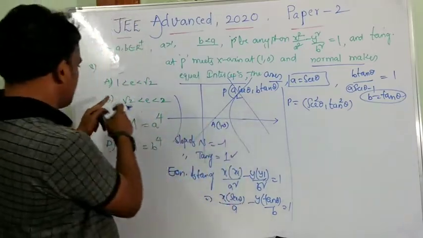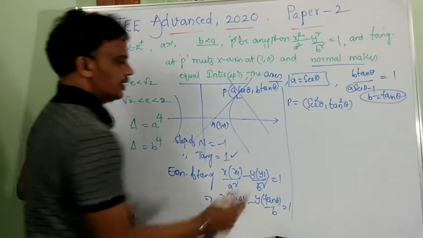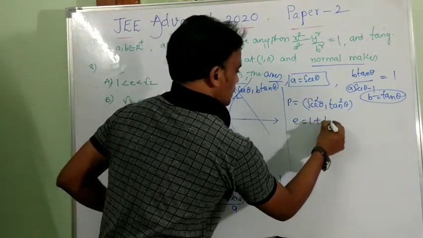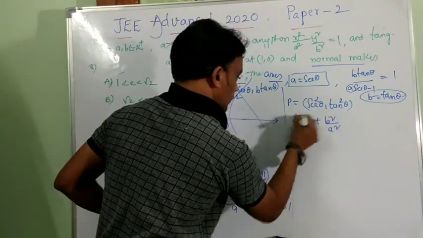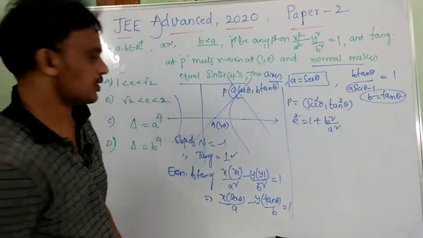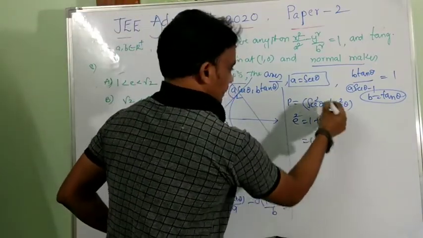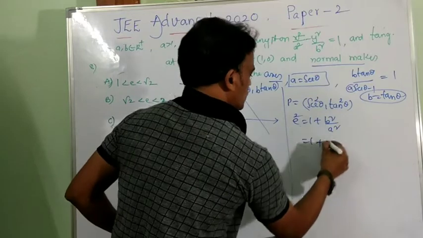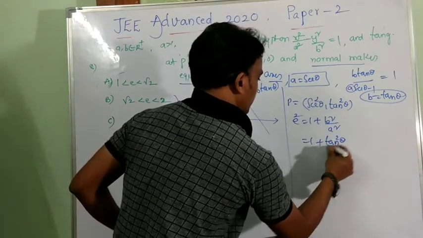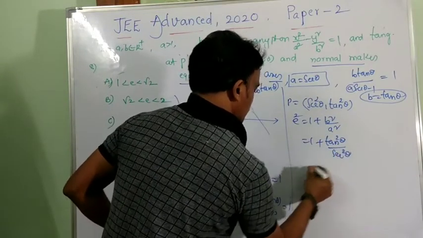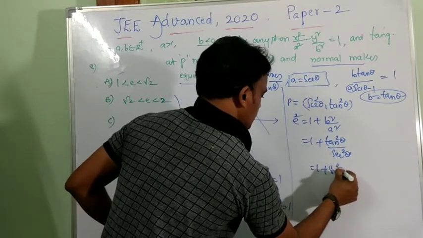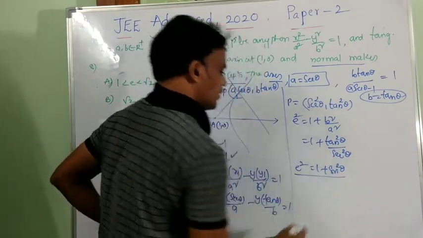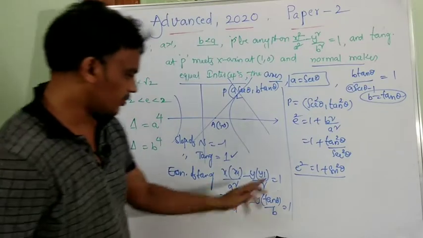Then one condition is there in terms of eccentricity. E square equals 1 plus b square by a square, which is 1 plus tan square theta by secant square theta, which is 1 plus sin square theta. What is the range of this?